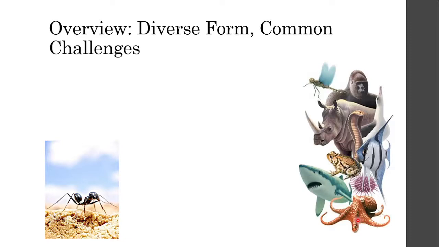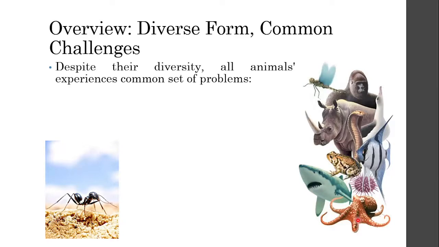However, despite those diverse forms among all the fauna of the earth, which again includes us, we all have a lot of common challenges that we face, which includes first, how can we get oxygen in our body? Because remember, oxygen is an important part of cellular respiration.